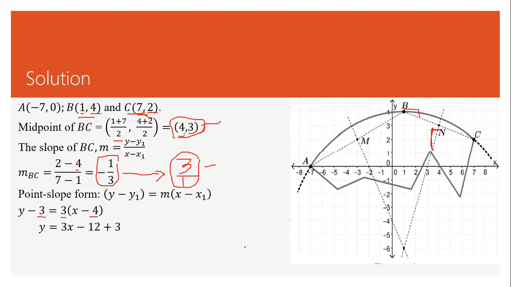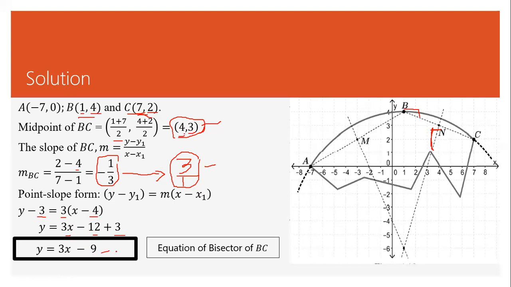Bisector of BC. So y is equal to 3 times x, 3x, 3 times negative 4, negative 12, transpose, positive 3. So y is equal to 3x minus 12 plus 3 is negative 9. So this is the equation of bisector of BC.